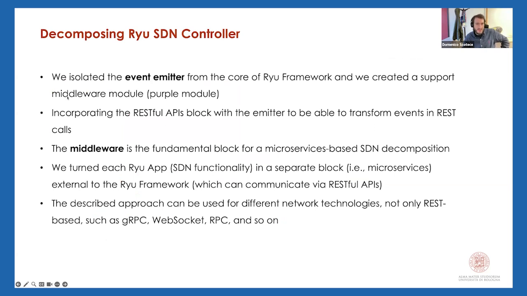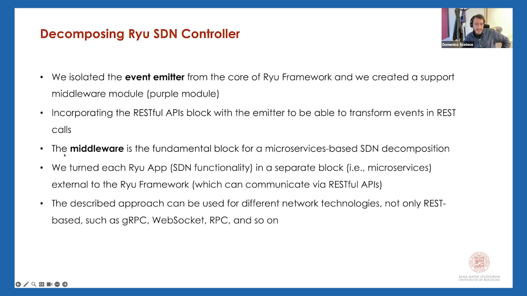This is what I said before. We isolate the event emitter, which is the core of the Ryu framework, the SDN controller, and then we create the support module for the REST communication.